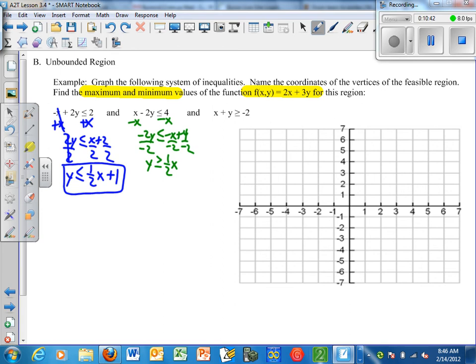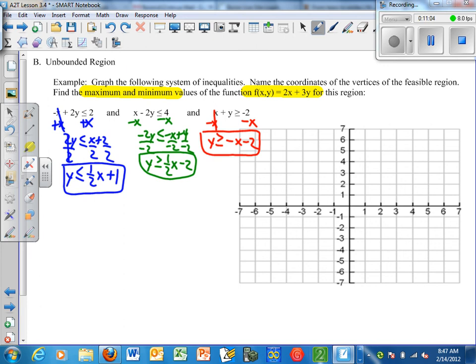And then a positive 4 divided by a negative 2 is negative 2. Over here, solve for y. This one's just one step. It would be y is greater than or equal to negative x minus 2. Don't have to divide on that one. So there's getting all those in slope-intercept form.